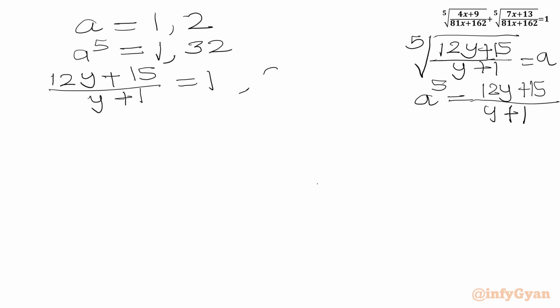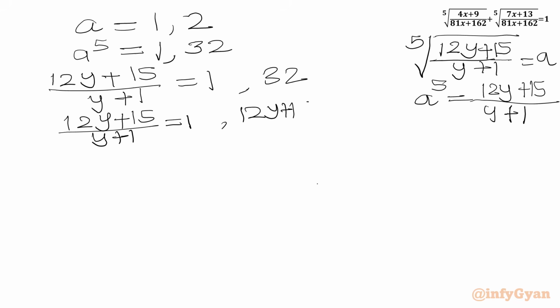Now a^5, which is (12y plus 15) over (y plus 1), will be equal to 1 and will be equal to 32. Now we will write two equations from here: (12y plus 15) over (y plus 1) equal to 1, then (12y plus 15) over (y plus 1) equal to 32. Let's cross multiply.